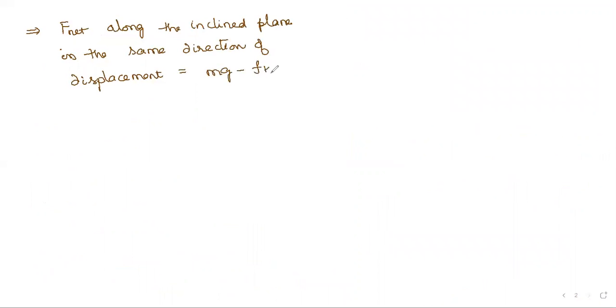So mg sin theta minus Fk, where Fk is mu k into N. N on the inclined plane is mg cos theta.